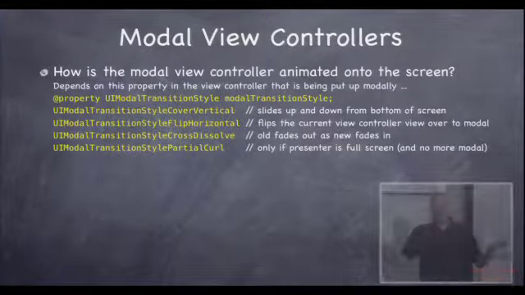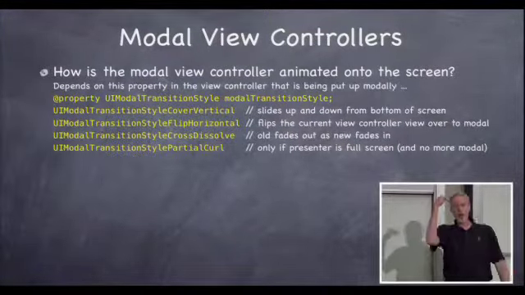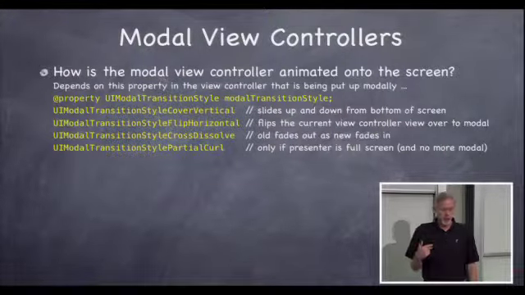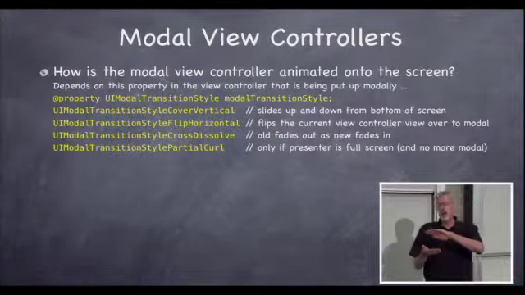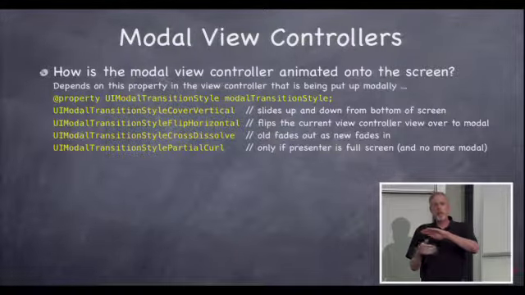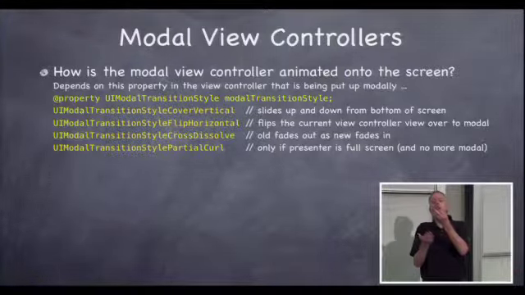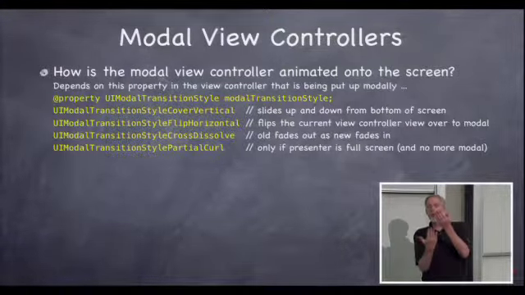So how does the modal view controller appear on screen? You've seen it slide up from the bottom, but there are other ways to do it. There's a way where the view controller that's doing the presenting is like a piece of paper on top of the modal one and curls up. So you see this partially curled up page that is the presenter, and underneath you see the modal one.